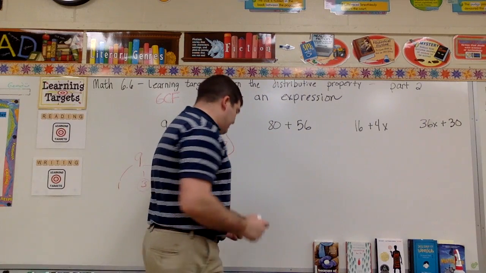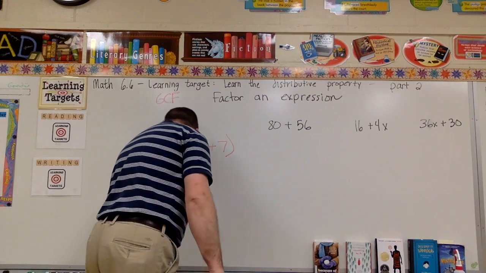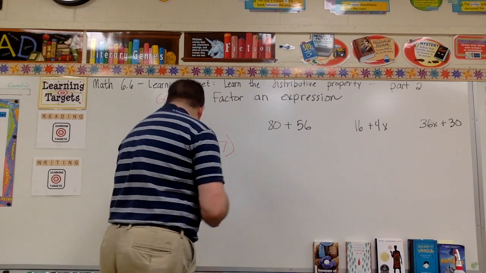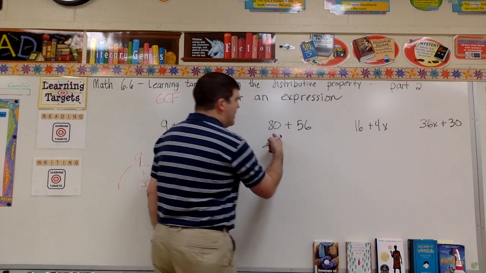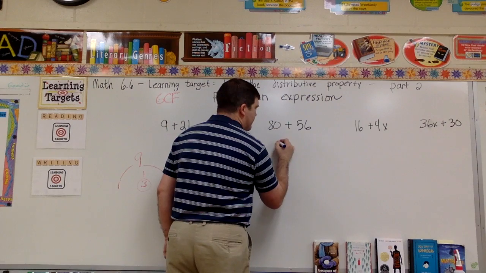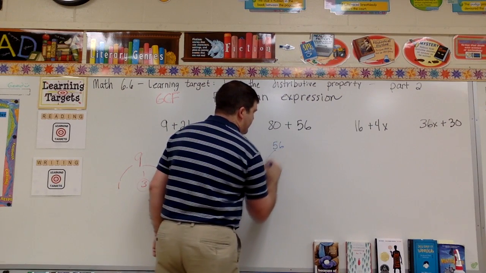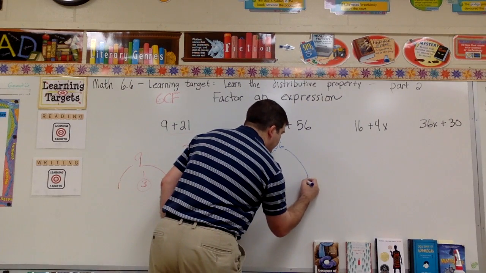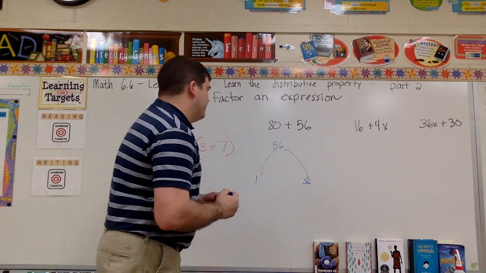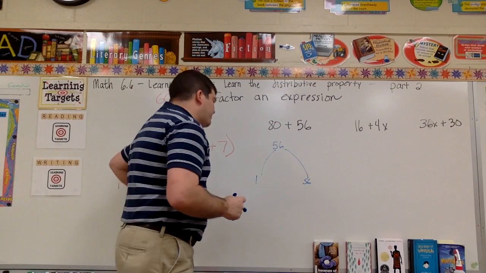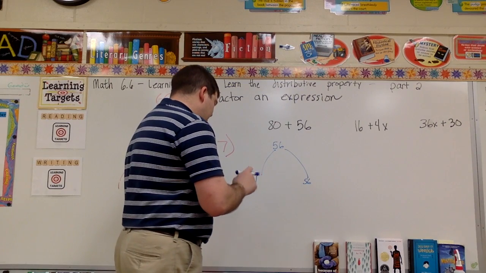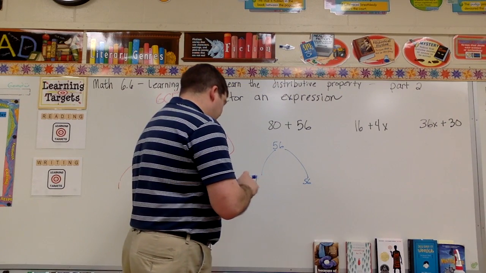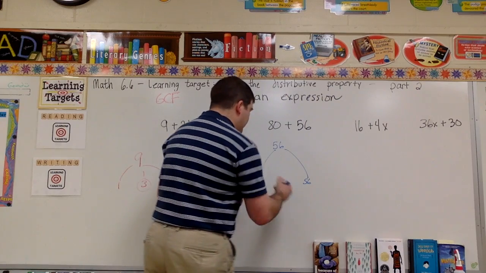Okay, let's go to this one. I'm going to take the smaller number, 56, and I do my rainbow. 1, 56, 2 and 28.